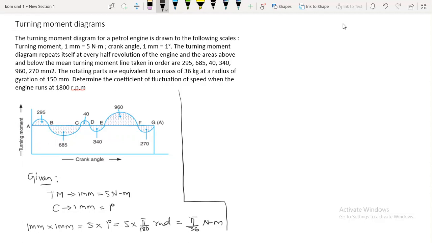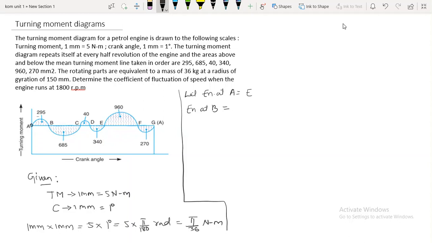First, let us assume the energy available at A is equal to E. Then the energy at B will be equal to the energy at A plus 295.